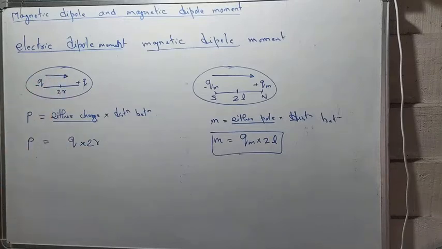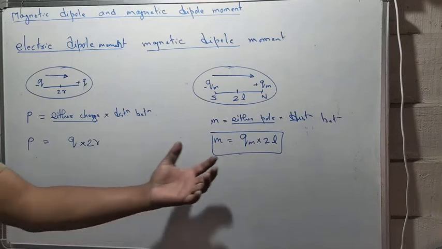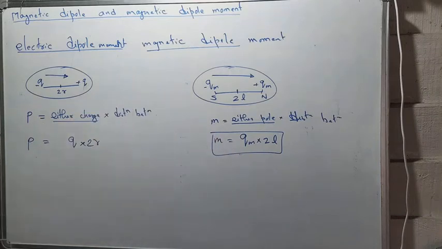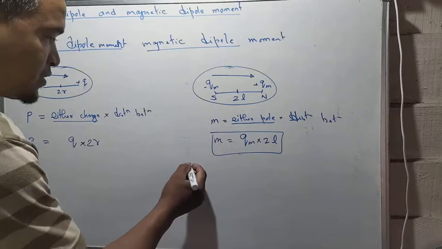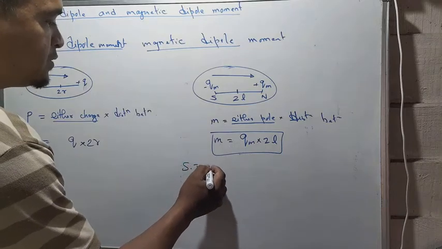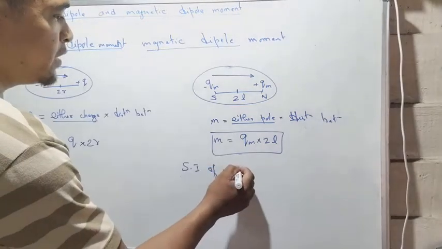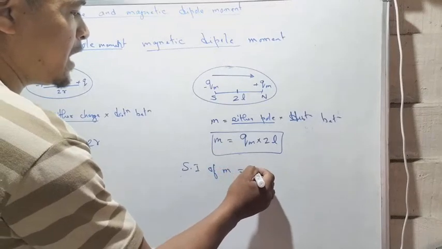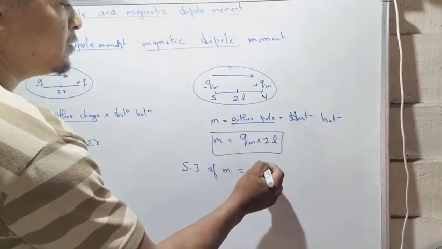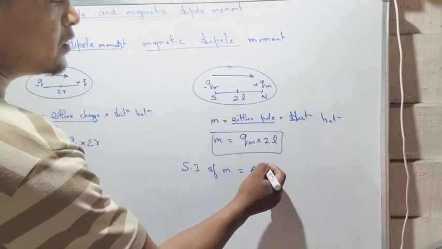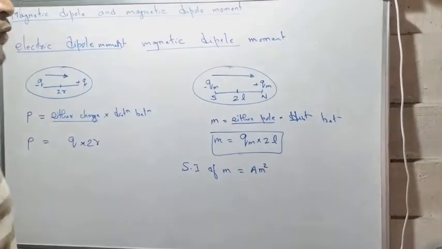Okay. Now, what is the SI unit of this magnetic dipole moment? The SI unit of magnetic dipole moment is ampere meter square.